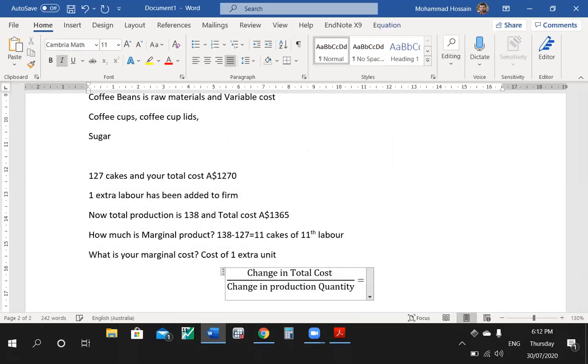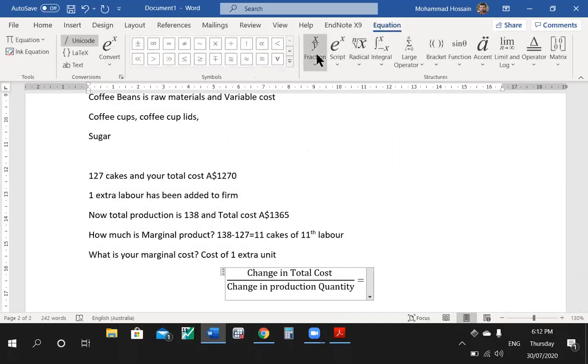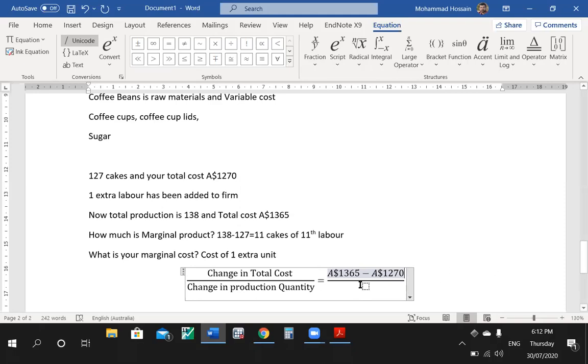So you can say 1365 minus 1270, divided by the change in production quantity. Production quantity changed from what to what? From 127 to 138. You see that?